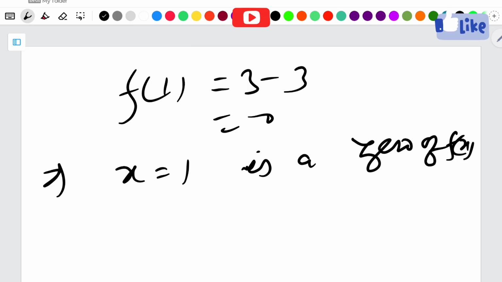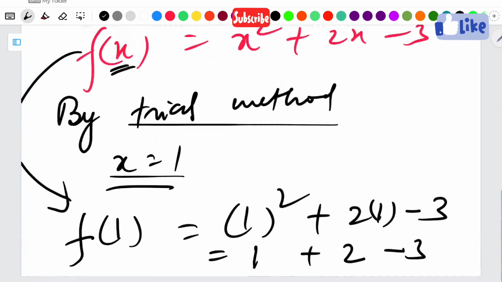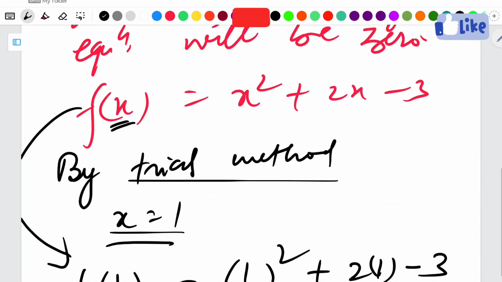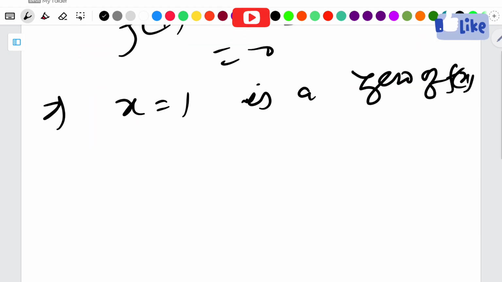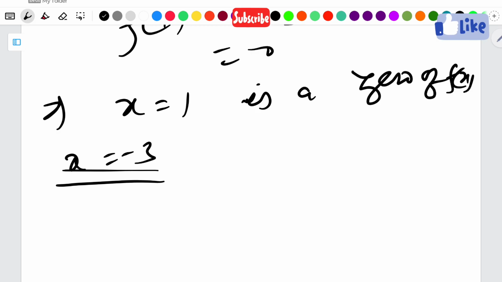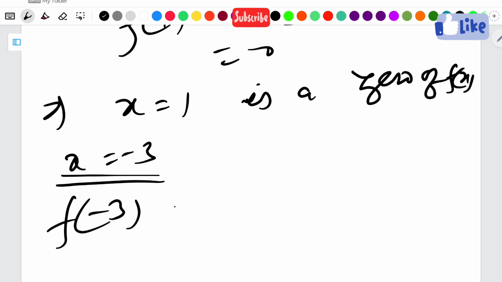Now is there any other possibility for getting that whole expression 0? So you need to think of another value. Is there any other possible value of x for which this quadratic polynomial will become 0? Suppose you take x = -3. So f(-3) = (-3)² + 2(-3) - 3.